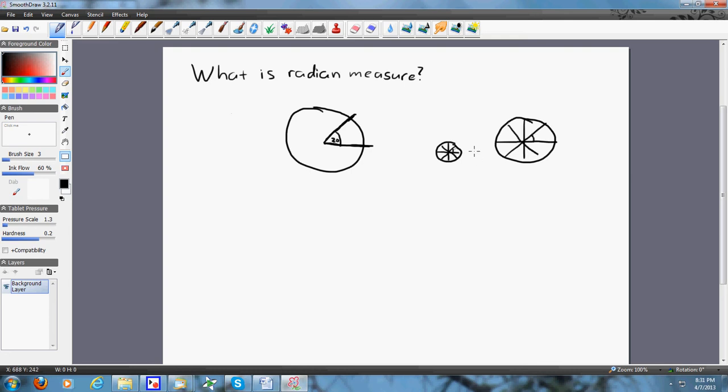These angles here are the same. But what's quite different is the actual arc length.